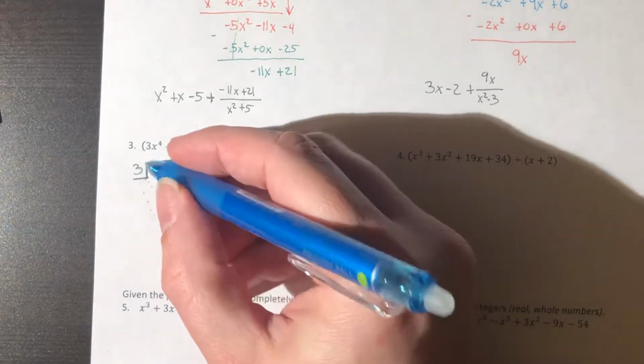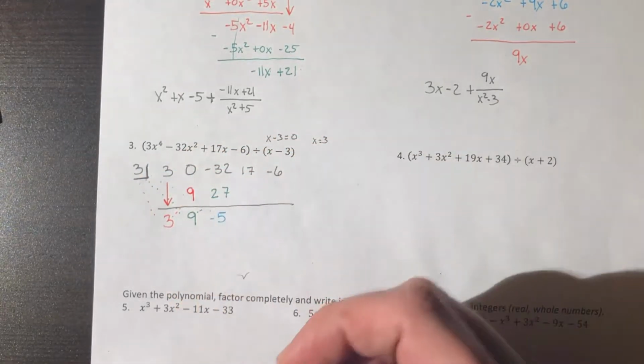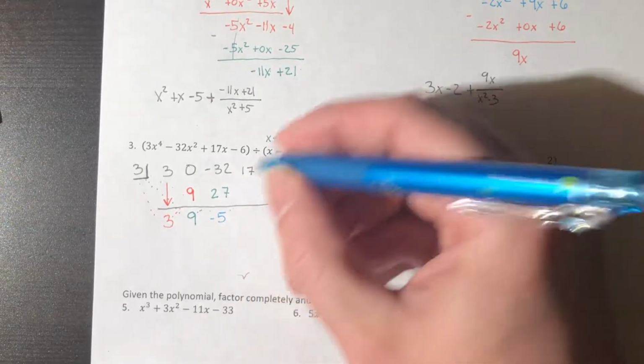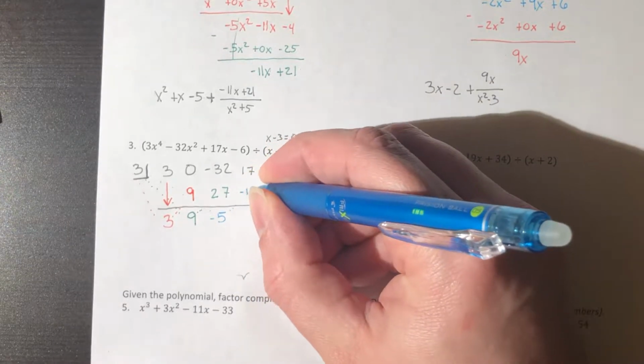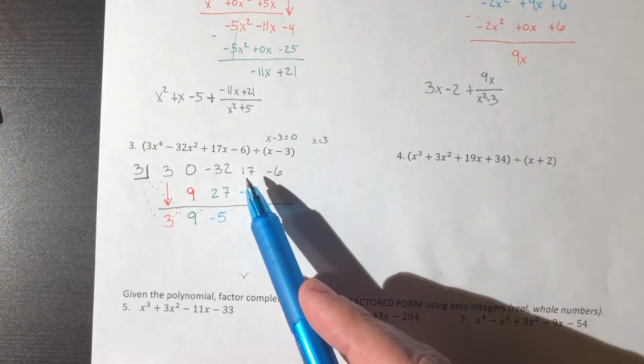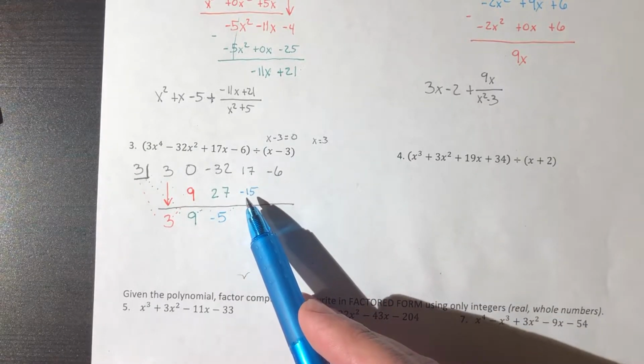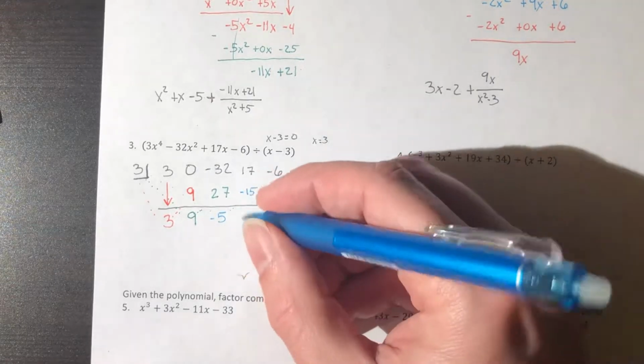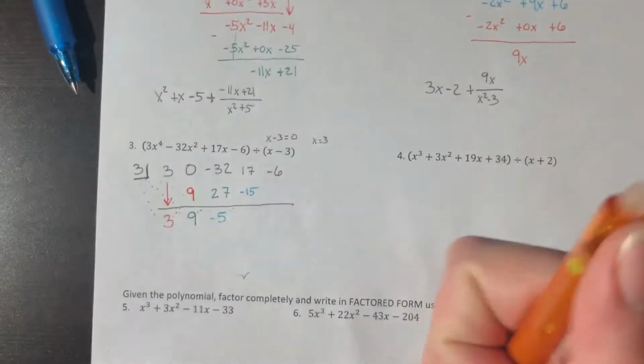And I go again. 3 times negative 5 is negative 15. And I add those together. 17 plus negative 15, or 17 minus 15, is 2.